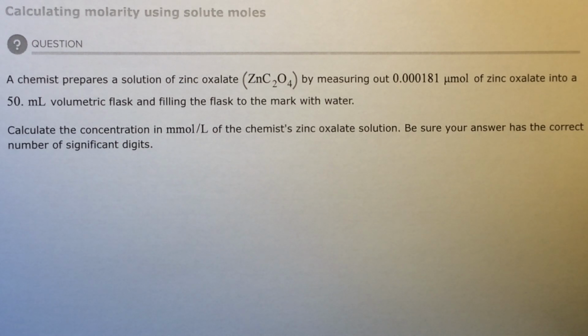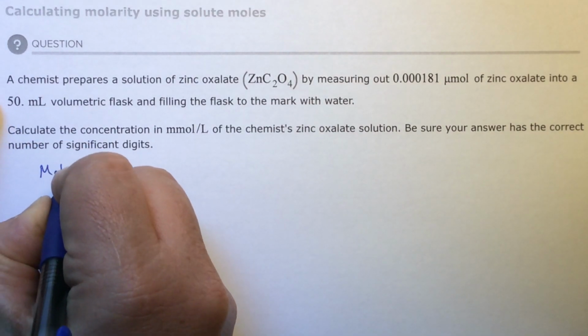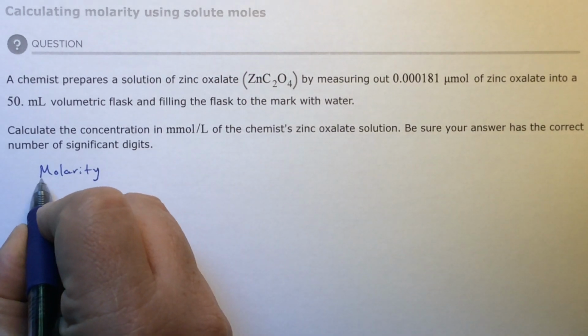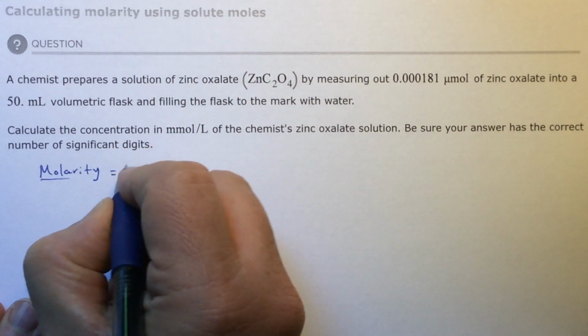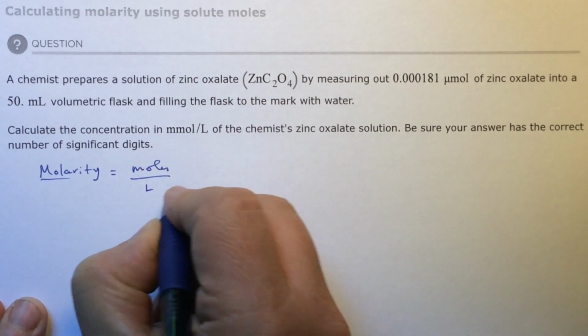All right, so this seems scary, but it's not. All you're going to do is remember that molarity, which is a concentration, is based on the word moles, and is equal to the number of moles of solute over liters of solution.